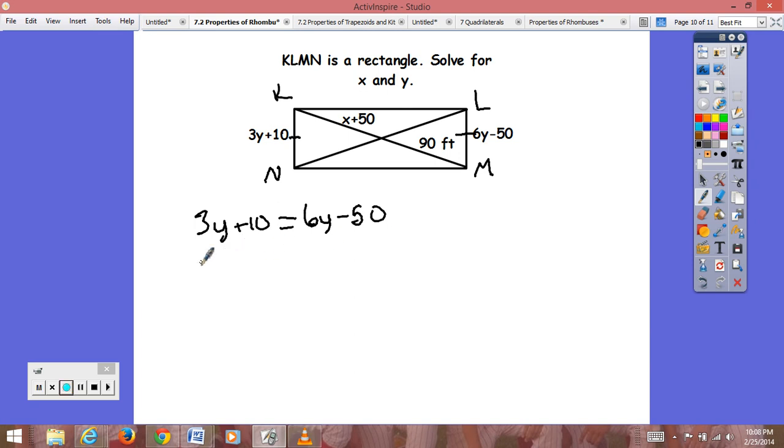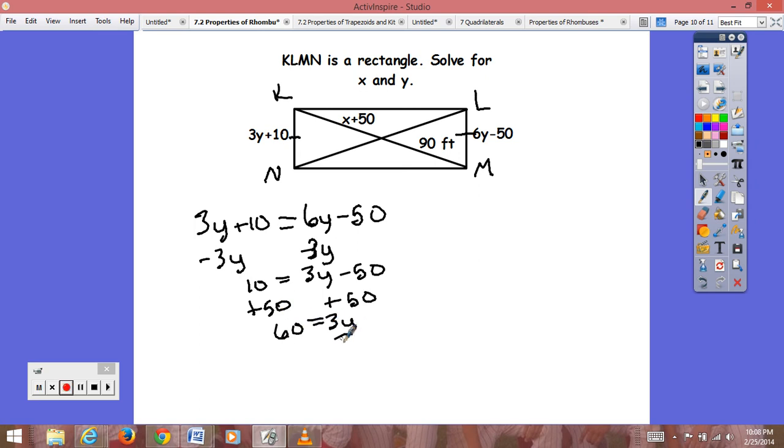If we subtract 3y from both sides, we get 10 equal to 3y minus 50. Add 50. 60 is equal to 3y. Divide by 3, and y is going to equal 20. For our x, we know that these are all congruent to each other.